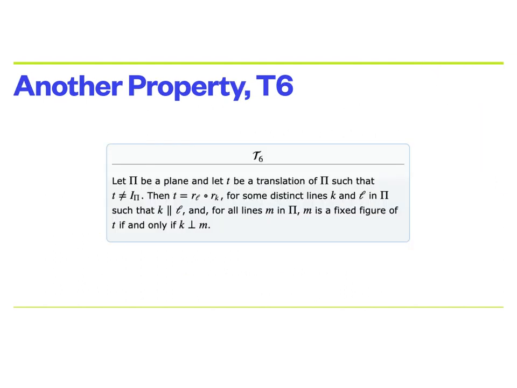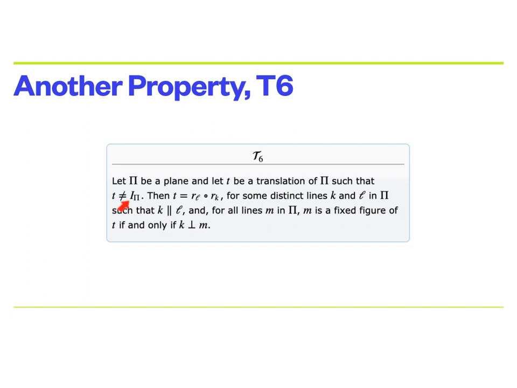And here's one more property of translation. Let's read the mathematical property, and then I'm going to draw a picture so that it makes a little bit more sense to you. So this is T6. We're going to let pi be a plane, and we're going to let T be a translation of pi such that T is not the identity mapping. So in other words, I'm reflecting over a set of parallel lines, but those lines are distinct.